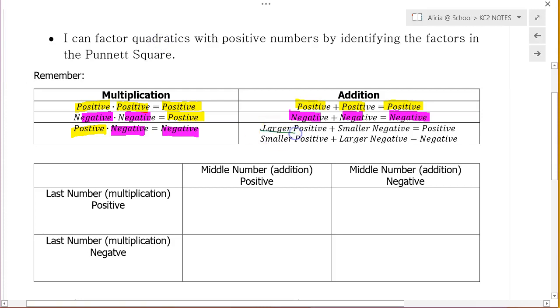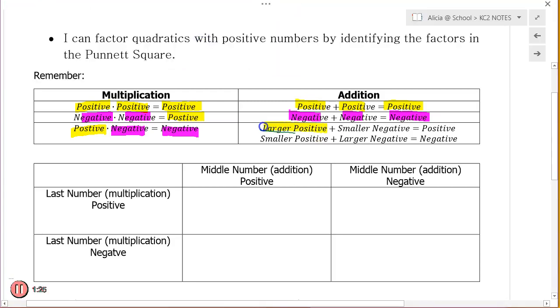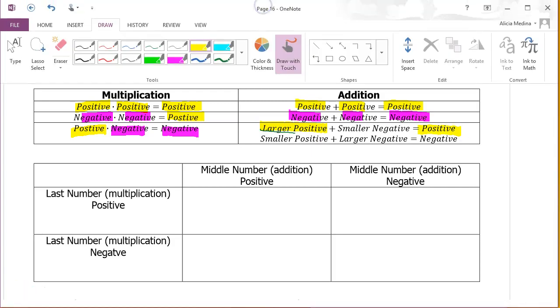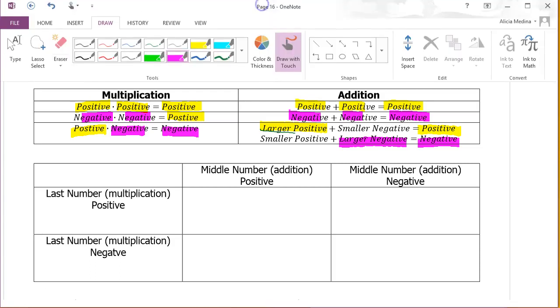A larger positive and a smaller negative is going to result in an answer that is positive. The larger positive outrules that negative and makes the whole answer positive. It's the difference between them. Versus when you have a smaller positive and a larger negative, then there's more negatives, so that makes our answer negative.